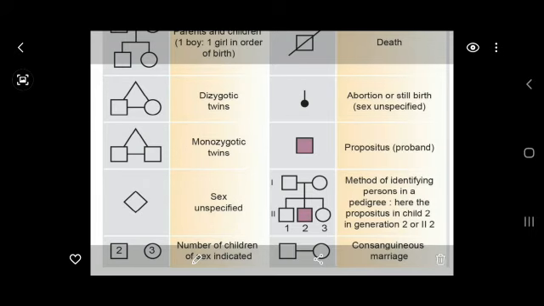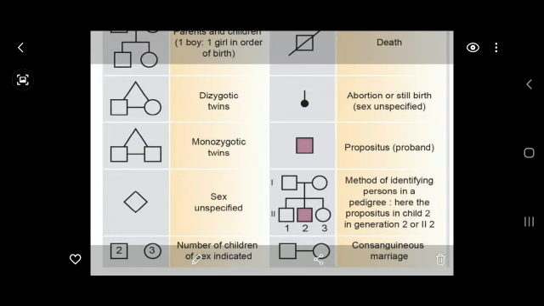If the parent gets two or more children, then that can be given in the square or in the circle.